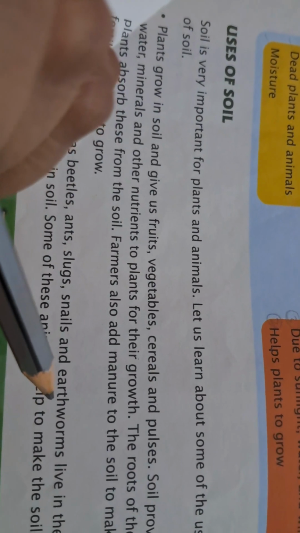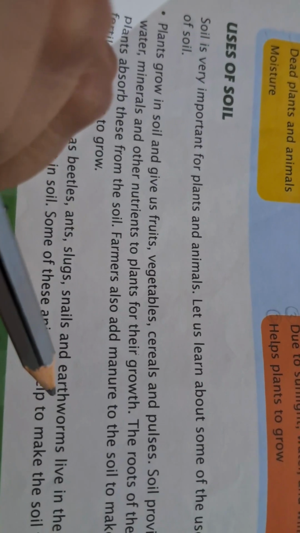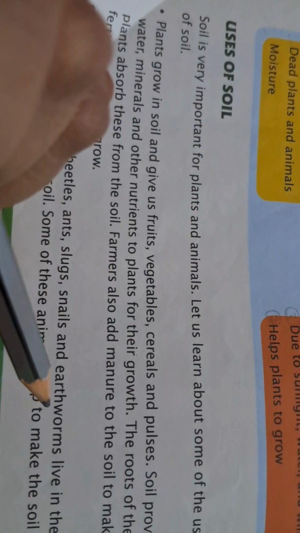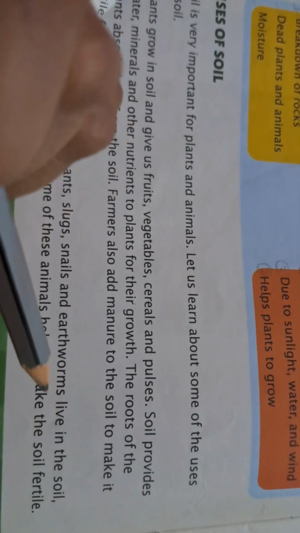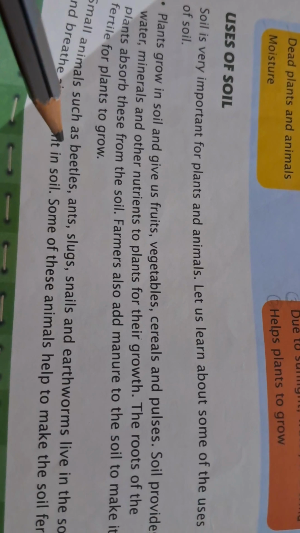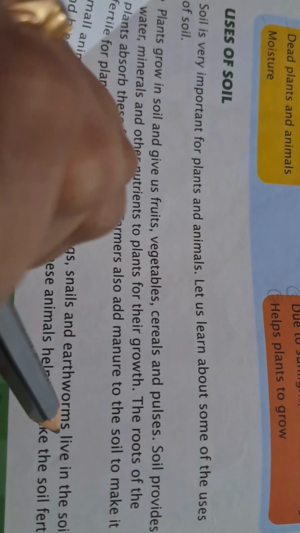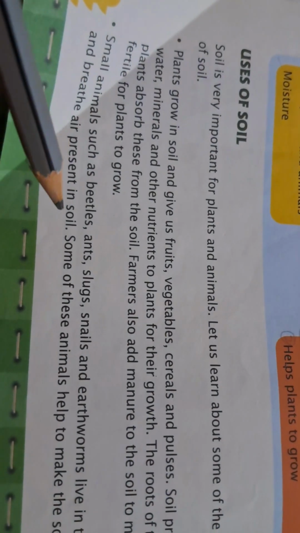Because the earthworm will eat the soil, and if the soil is eaten by the earthworm, it will leave the soil which is fertile. Okay, so that's why they are saying small animals such as beetles, ants, slugs, snails and earthworms live in the soil and breathe air present in the soil.